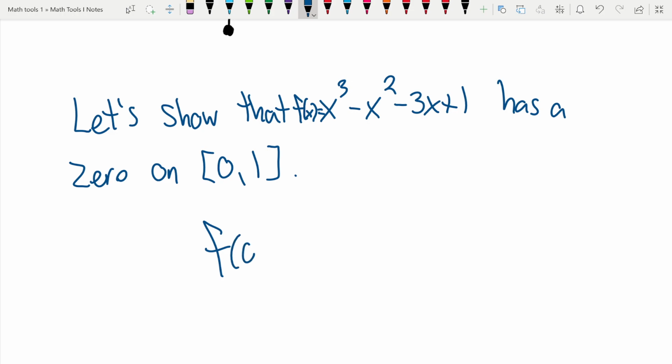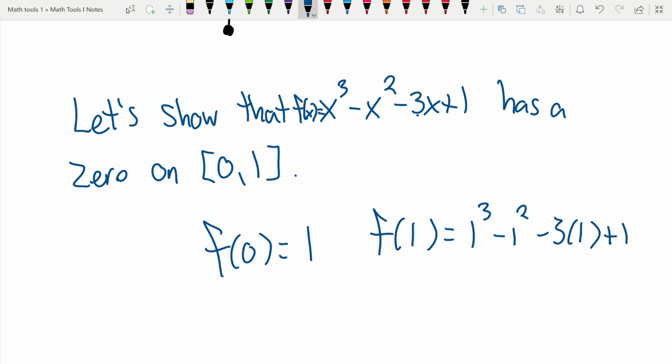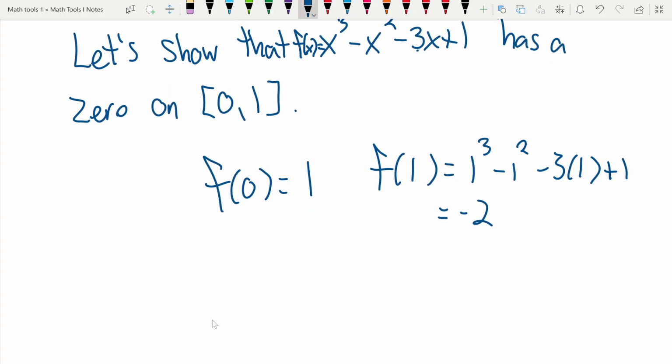So f of 0 is equal to 1, right? All of these will be 0. f of 1 is equal to 1 cubed minus 1 squared minus 3 times 1 plus 1. So this is 0 minus 3 plus 1. This is negative 2. Okay. This function is a polynomial, so it is continuous, right? We had the theorem we wrote down, which said that a polynomial is continuous everywhere.